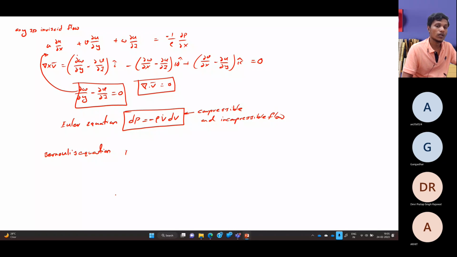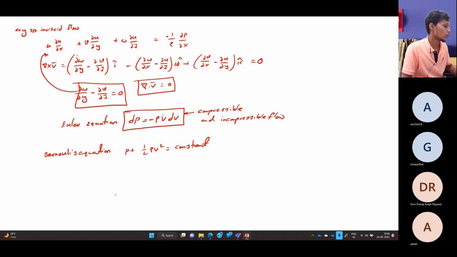Bernoulli's equation derived from that is P plus half rho V square equals constant. But this is not applicable everywhere. There are certain conditions where you can use this Bernoulli equation, and those conditions are very important to follow. Let me see whether I wrote those conditions.